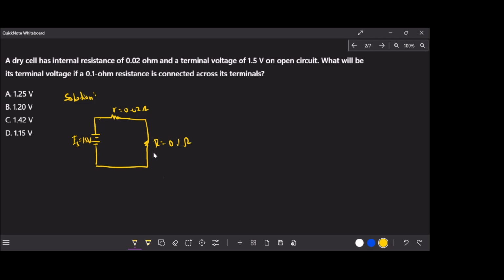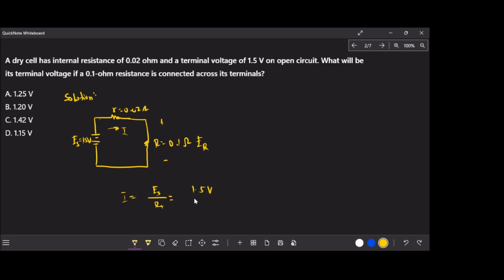So ang hinahanap po is yung voltage across dito. We have this one as ER. So kukunin natin is yung current I. Current is just equal to the supply voltage over the total resistance. Because it's just series, madali lang po ito.